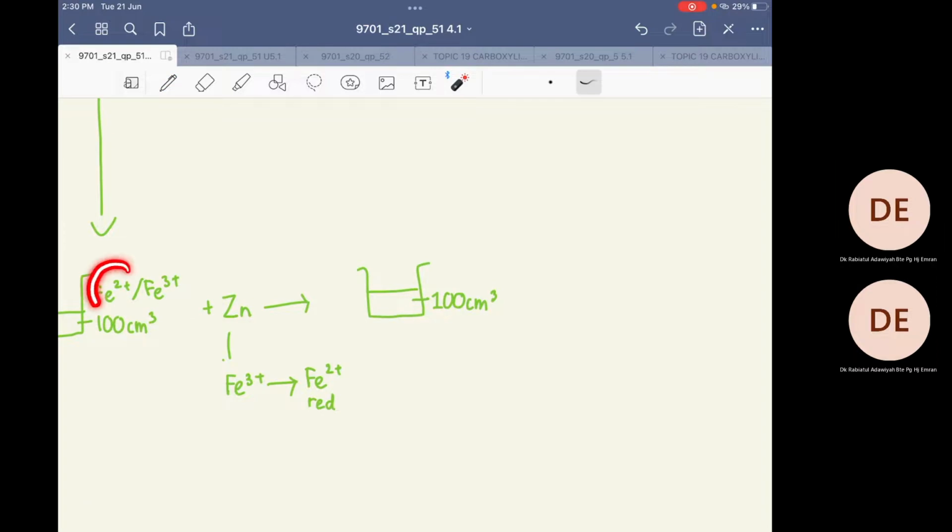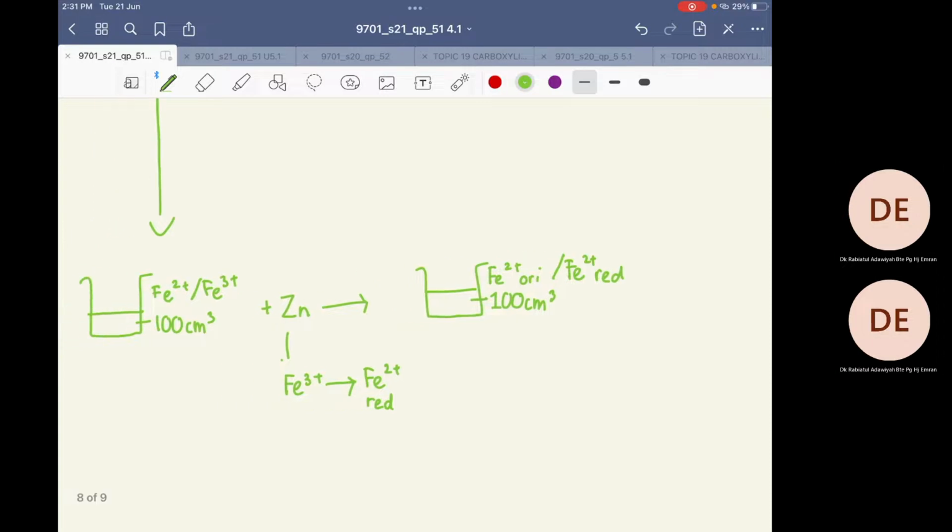I have Fe2+ originally, just now from here. I call that Fe2+ ori, and the Fe2+ that was reduced by the zinc just now, Fe2+ reduced. Can you understand this part?